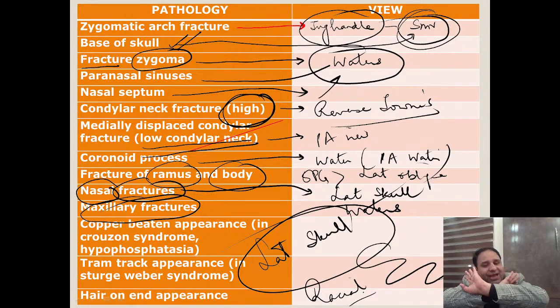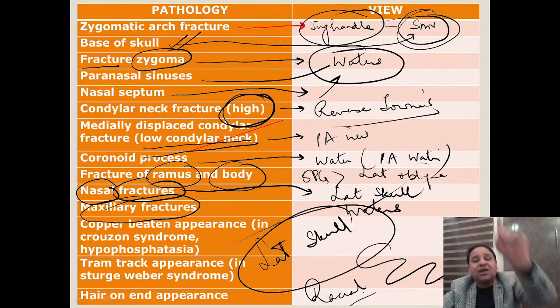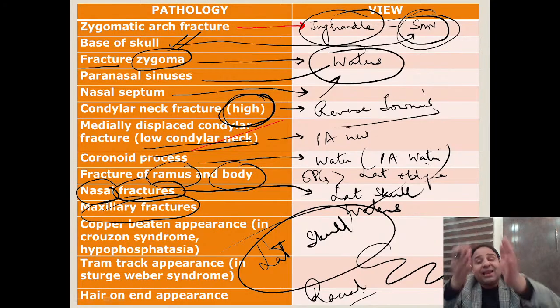If they are not mentioning anything about racial predilection, they are expecting the answer thalassemia, because hair on end appearance is best seen in thalassemia then sickle cell anemia.